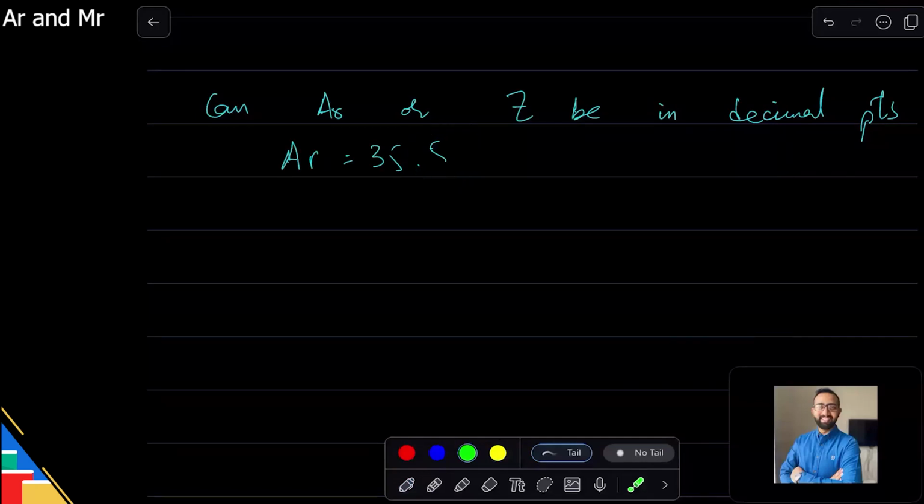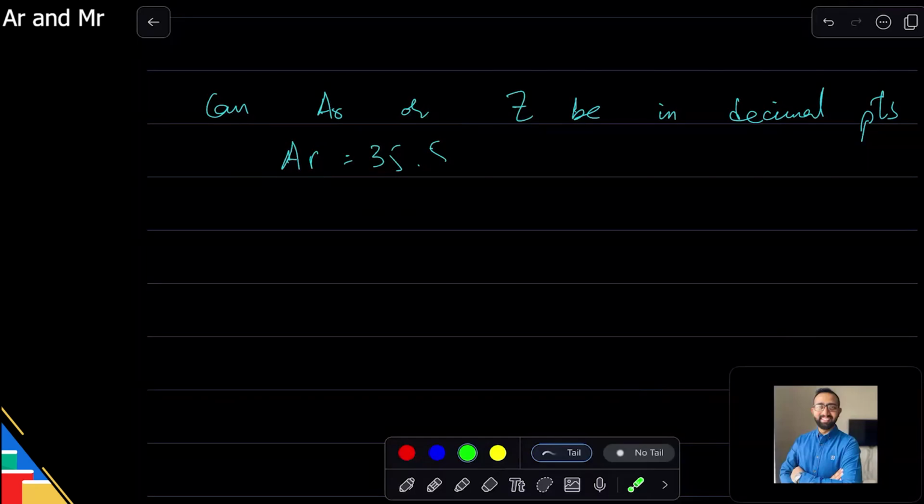Similarly, the mass number means how many exactly protons or neutrons you have. You can't have half or a fraction of that. That is why, because this is average, this can be in decimals because this takes care of the isotopes and their percentages. But the actual value of each one cannot be in decimal points or in fractions.